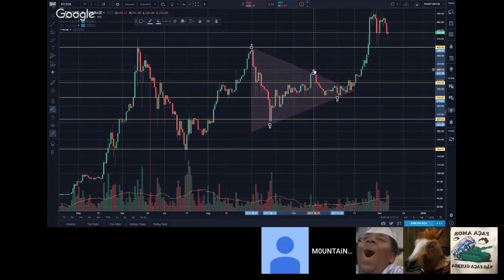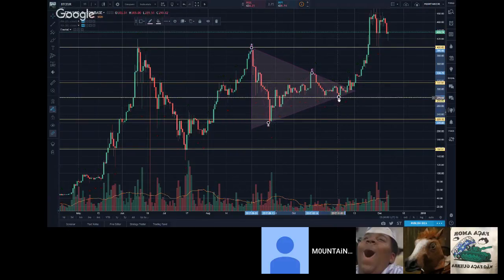You can start by clicking on the tops of the price wicks. You can move it in. All you're trying to do is move your wedge to the point where you see the price action inside the wedge lining up with the edges of your wedge. Okay, this is pretty good.